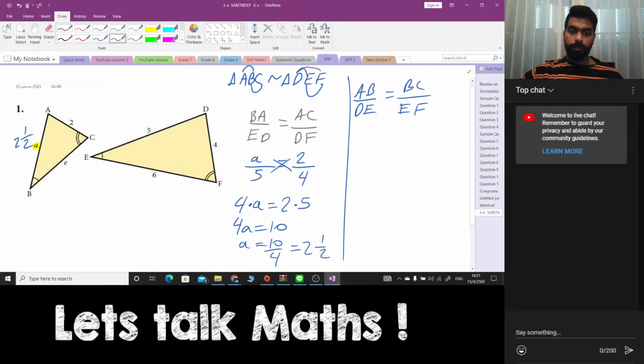Now let's write it down. We know that our AB is 2.5, so let's write 2.5 over DE is 5, is equal to BC is E over EF is 6.